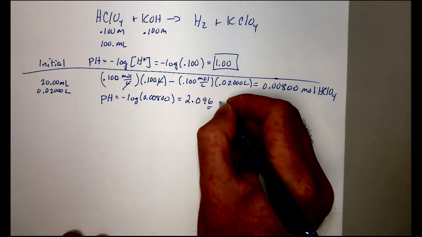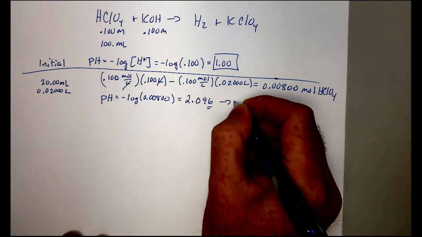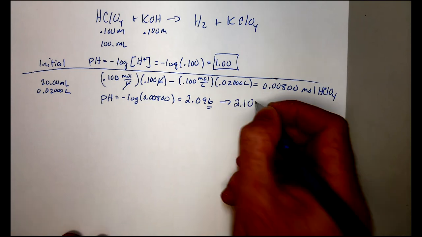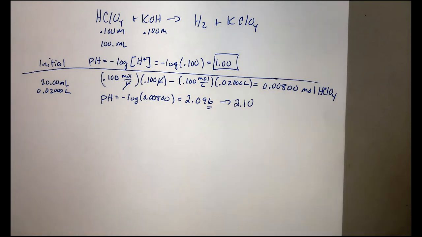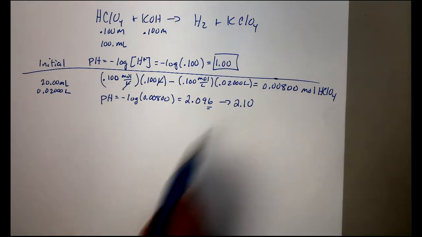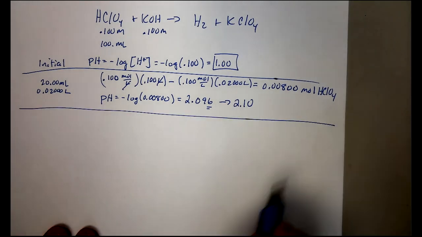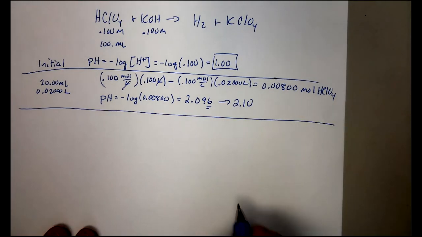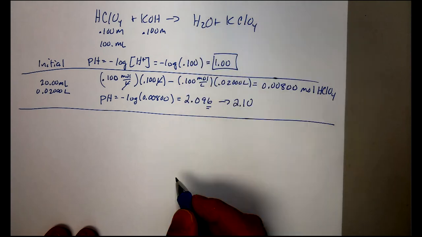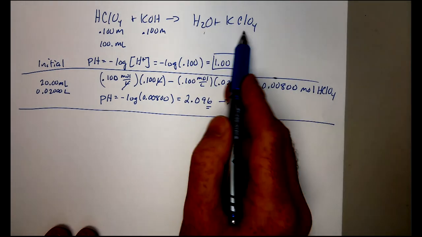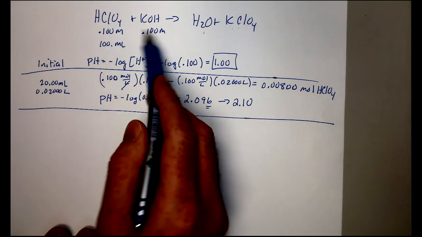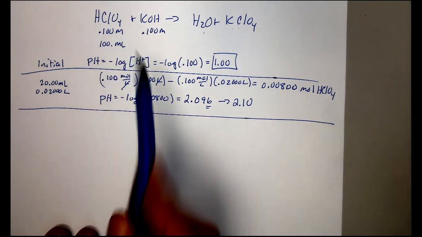So we're going to round that up and call that 2.10. So pH did go up some. But notice I haven't done any equilibrium calculations because there's no equilibrium present. It's just a straight neutralization. We're not worried about the water. And the salt is neutral, so we're just talking straight neutralization, how much acid is in excess.